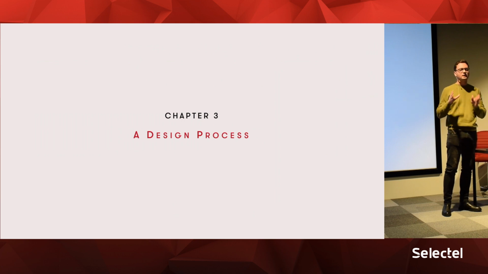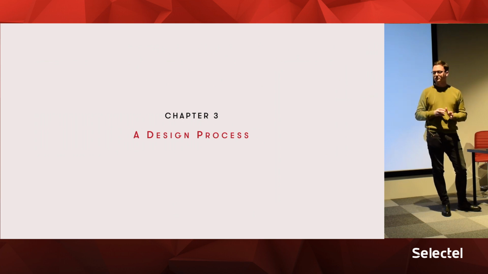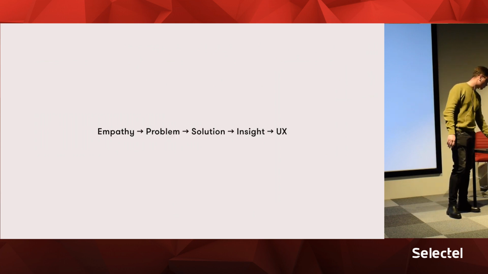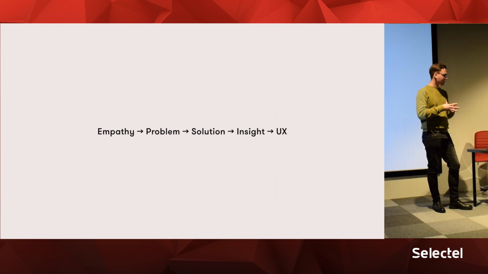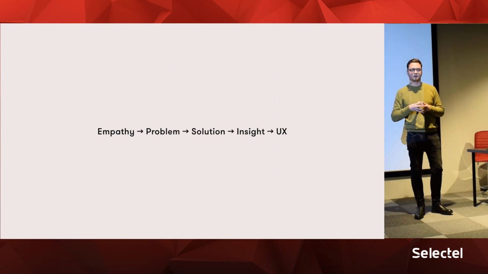Just like with design principles, there is not a single design process. There are multiple design processes. You can see them in companies and there are books about them. But I just wanted to look at this one. If you take a look at this design process, you will see that it basically has 5 steps. The first step is called empathy.